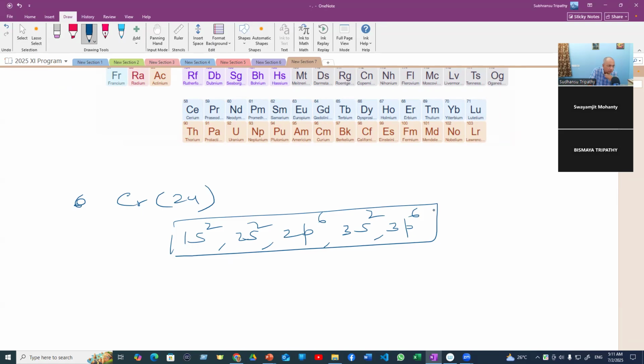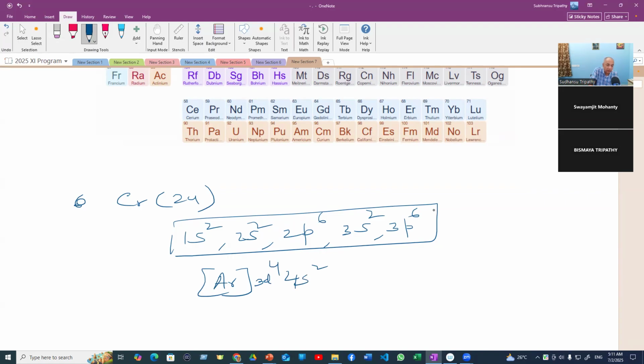So the way to save time is to write the argon configuration. That means you have gone up to 3p6. There is no need to write every time 1s2, 2s2, 2p6, 3s2. It is understood. Then after the argon configuration, it should have been 4s2, 3d4.